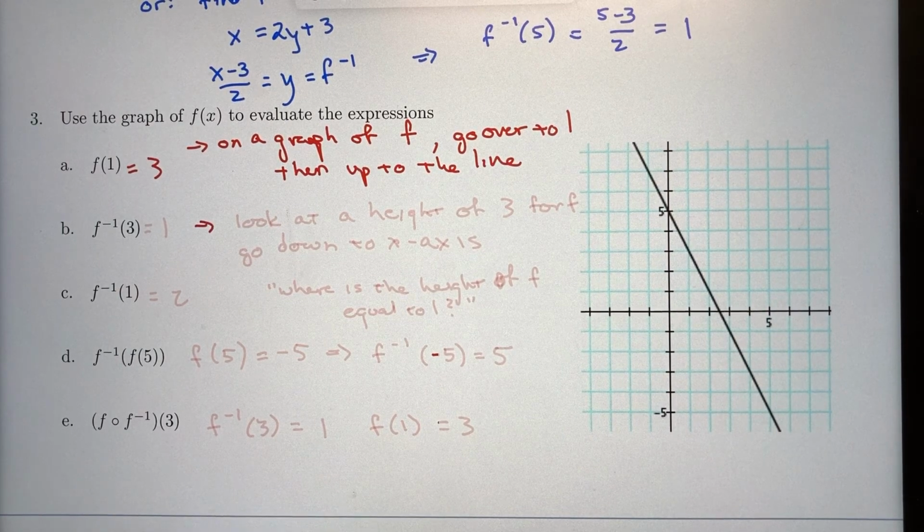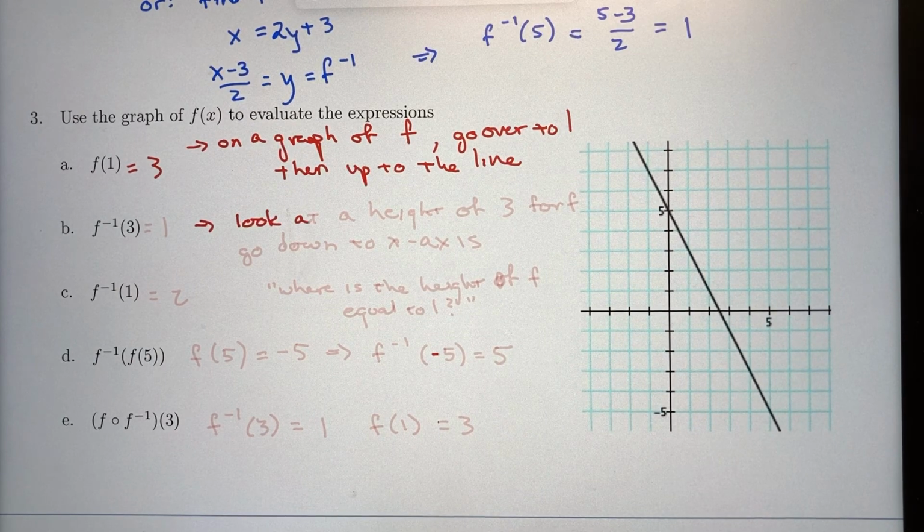F inverse of 3 means look at a height of 3 for F. And go down to the x-axis. And by George, F inverse of 3 is back to 1.